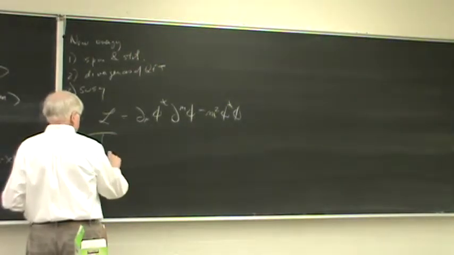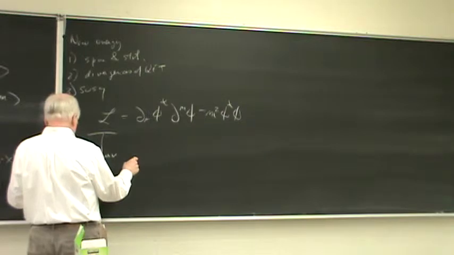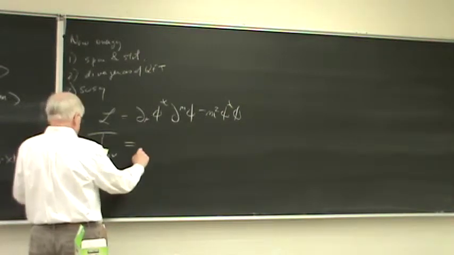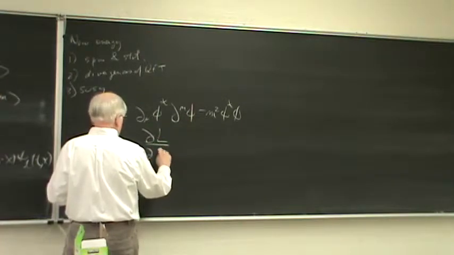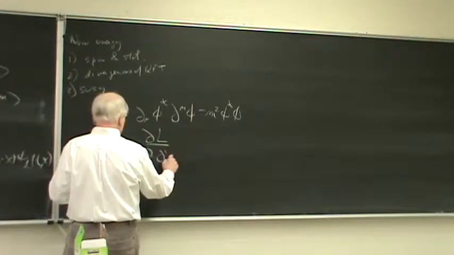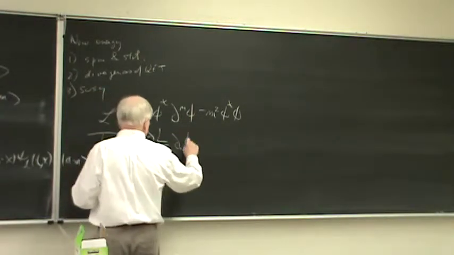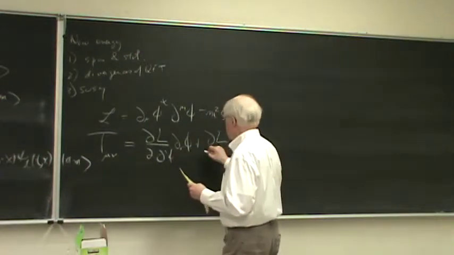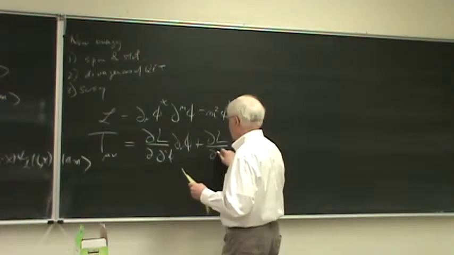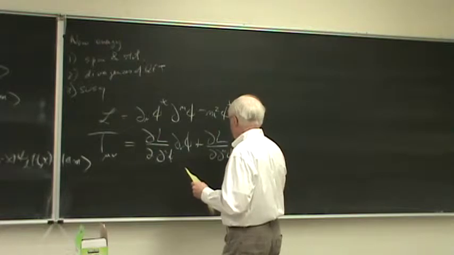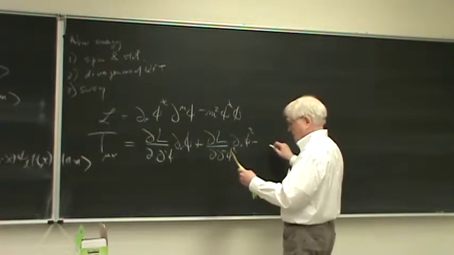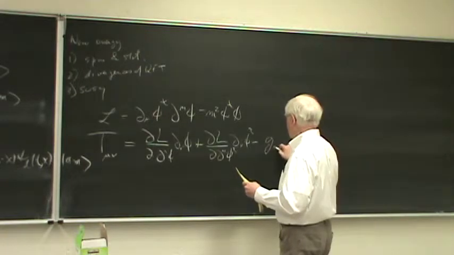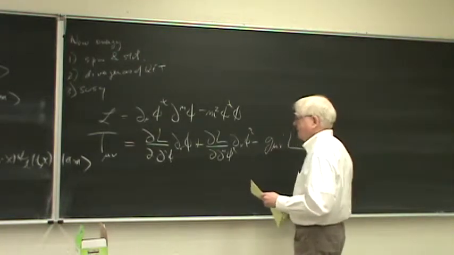The stress energy tensor, or the energy momentum tensor, whatever it's called, is ∂L/∂(∂μφ) ∂νφ, plus ∂L/∂(∂μφ*) ∂νφ*, which is essentially just a complex conjugate, minus gμν L.